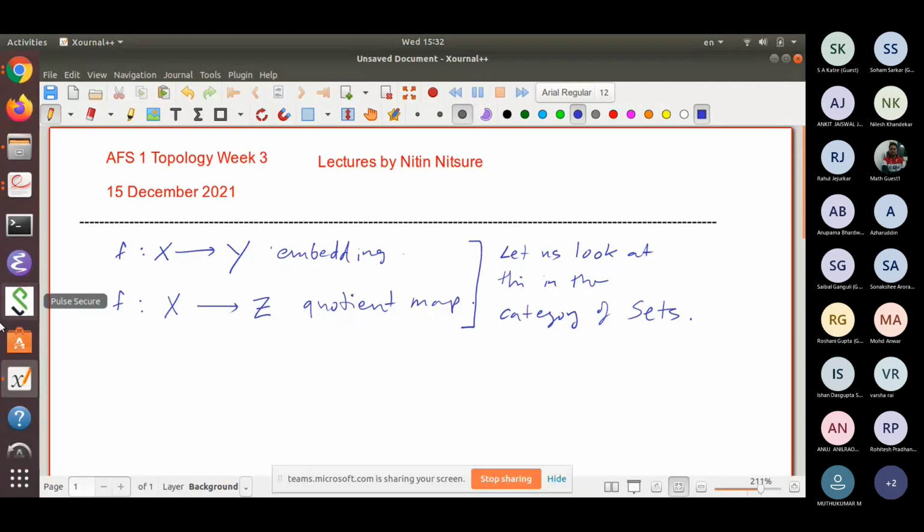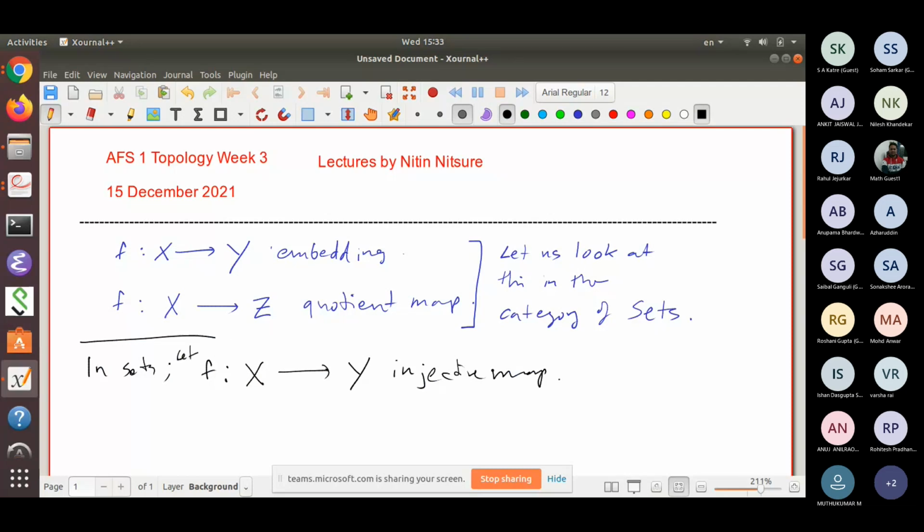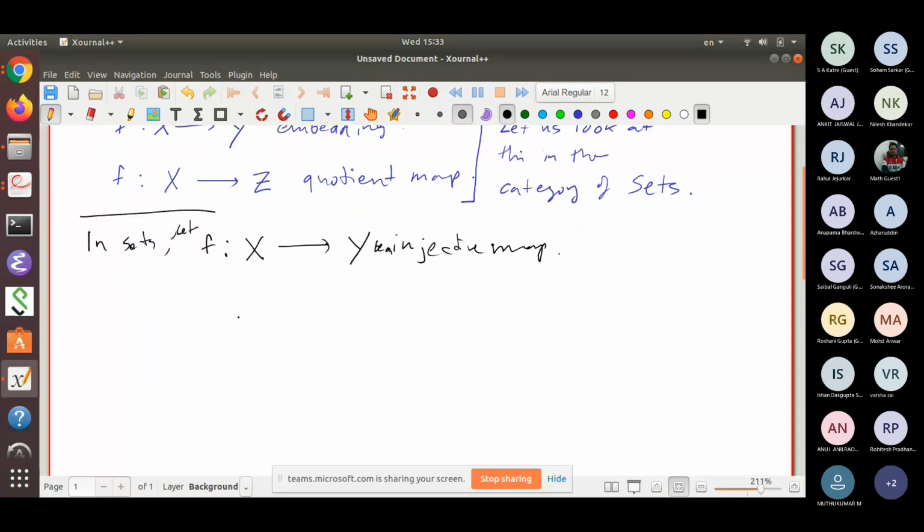So here we go. In sets, there is something called injection. F from X to Y, injective. Let F be an injective map. Once it is an injective map, it has the following great property.